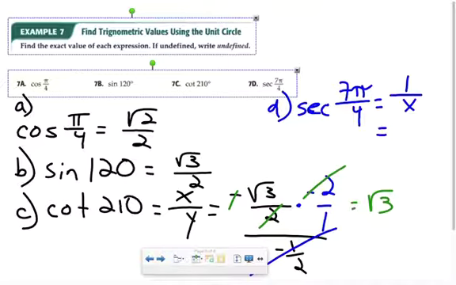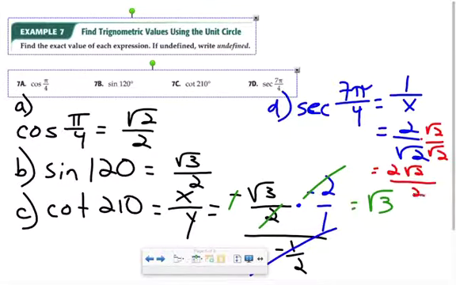So basically I'm taking the reciprocal of that x-coordinate. So it's 2 over radical 2. But I would, of course, simplify that or rationalize the denominator. So when I do, I get 2 radical 2 over 2, which is just radical 2.